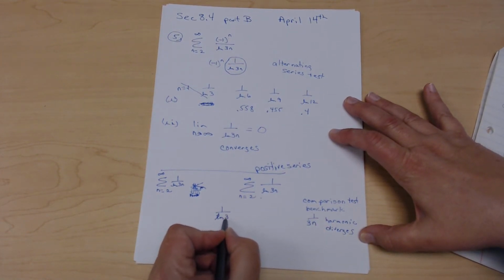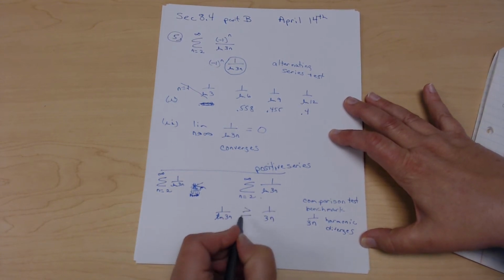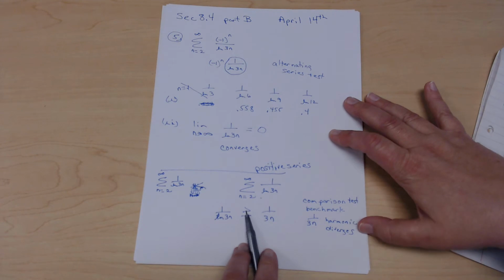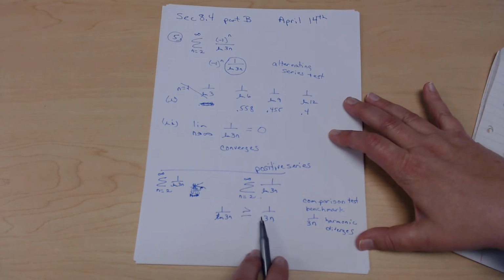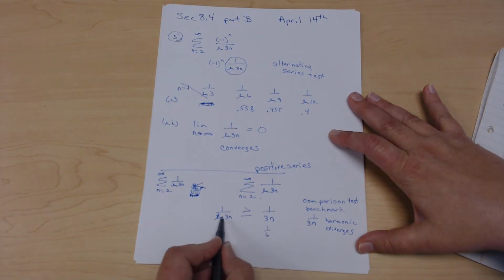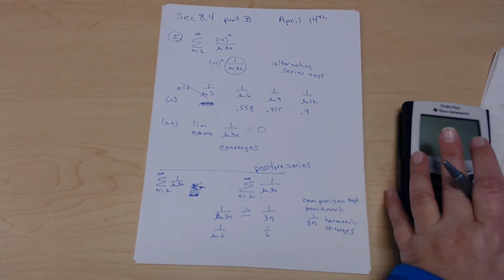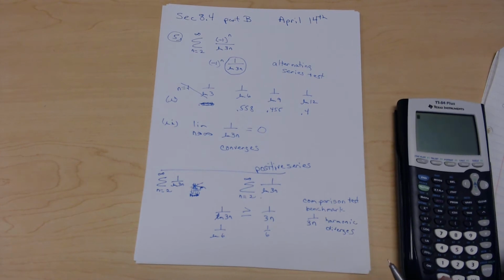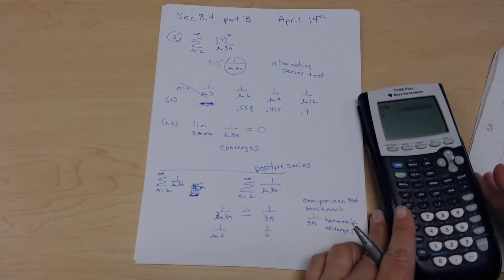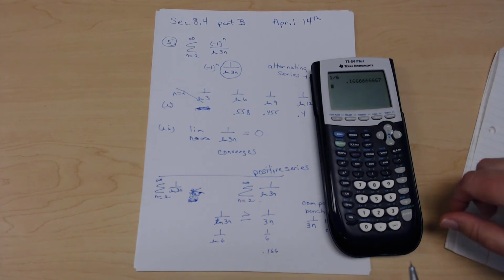So if my benchmark diverges, this should be 1 over 3n compared with 1 over ln of 3n. This has to be true: it has to be greater than. So I have to check, is this greater than this? This would be like 1/6 and this would be 1 over ln of 6. Grab a calculator. Let's see, is that true? Actually, 1/6 is 0.166, we know that.